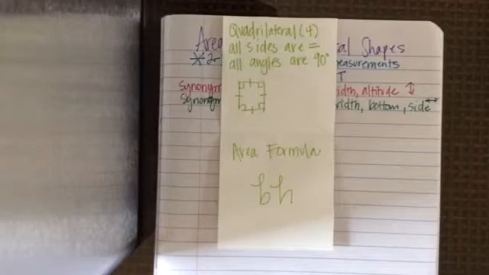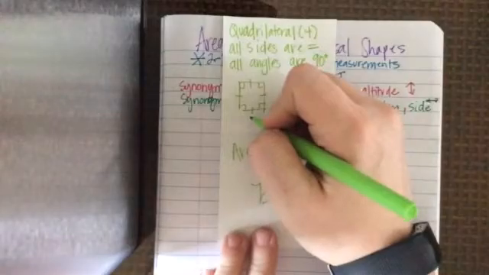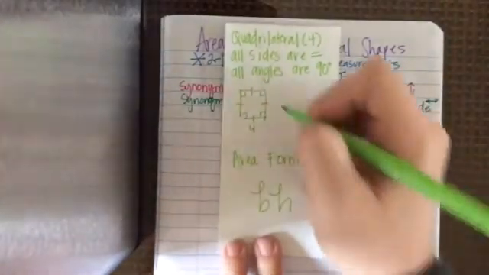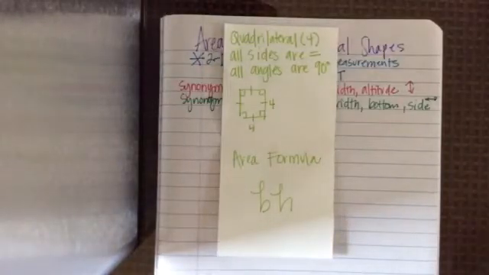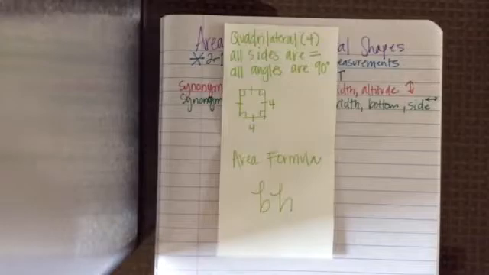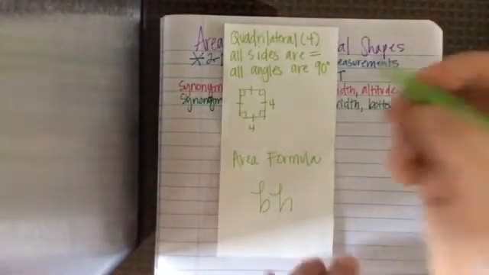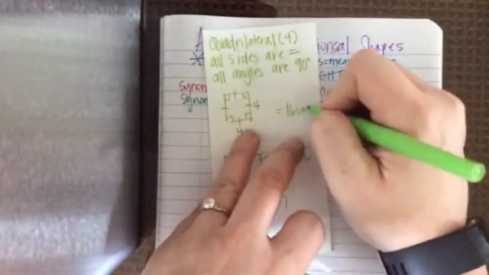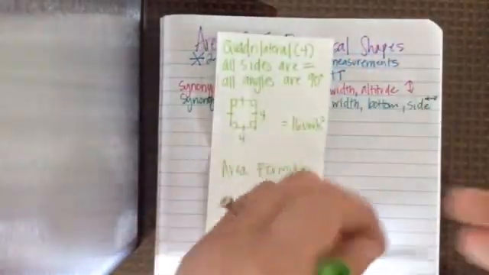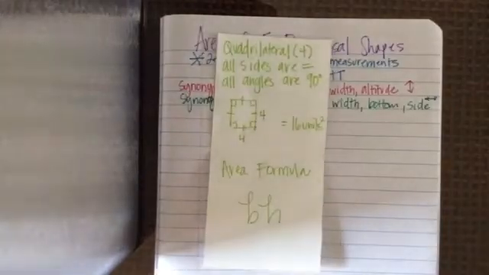It's just the bottom, which in this one would be 4, and the height, which in this is 4. It's the bottom times how tall it is. If you can find the base and you can find the height, you can find the area of anything. Base times height, which in this one would be 16 units squared, or square units. Area is squared.